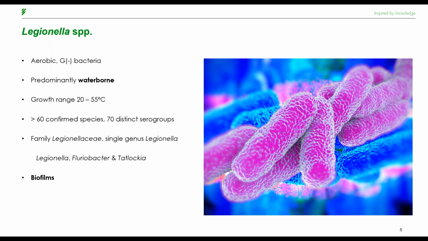Also, there are currently 7 distinct serogroups. Previously, some investigators had proposed dividing it into 3 separate genera, Legionella, Fluoribacter, and Tatlockia. Nevertheless, recent studies do not support the division of the family Legionellaceae and confirm it as a single group.